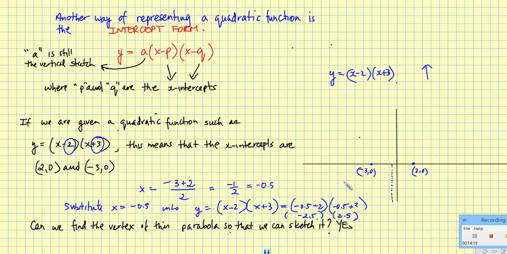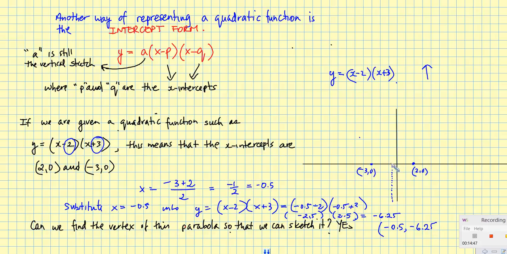So that ends up giving us, over here, negative 6.25. Negative 2.5 times 2.5 should give us negative 6.25. So our point for the vertex is going to be: the x value will be negative 0.5, and our y value will be negative 6.25.